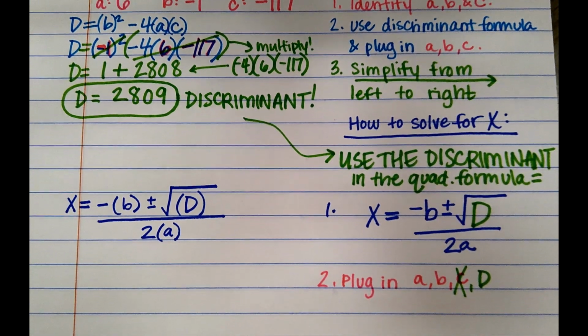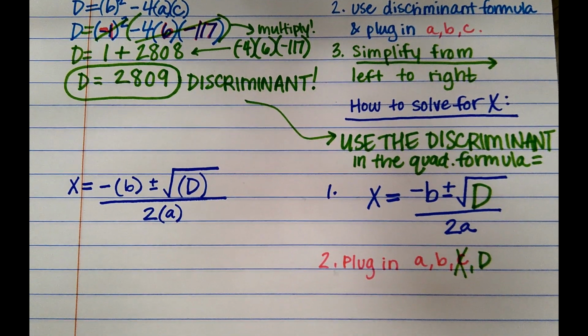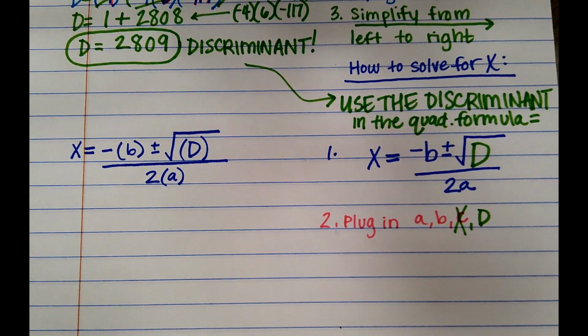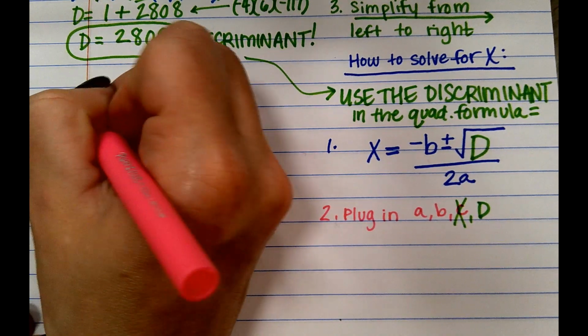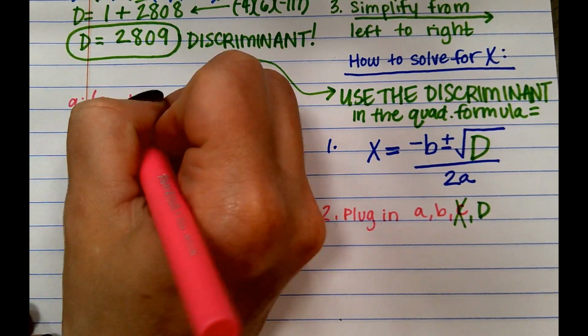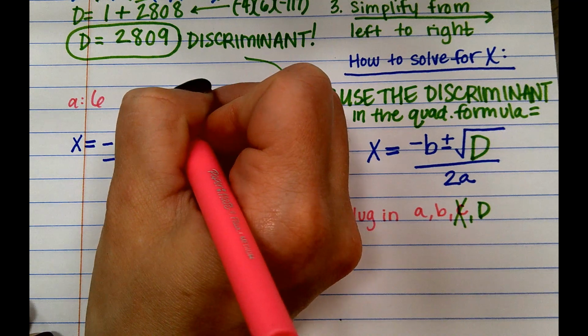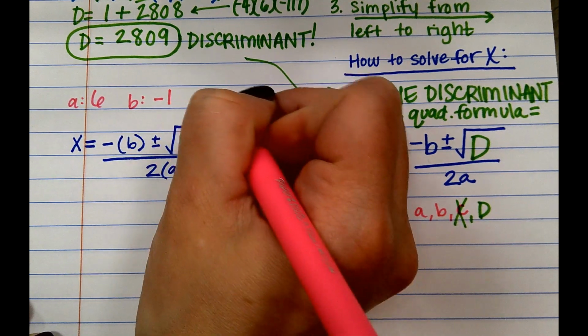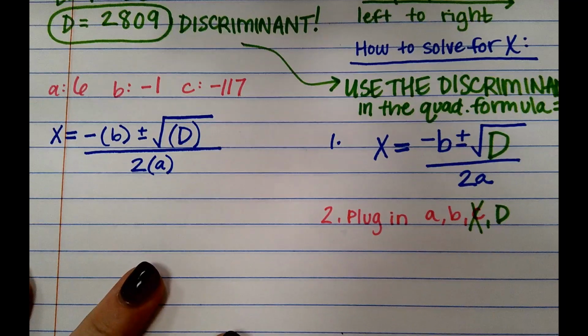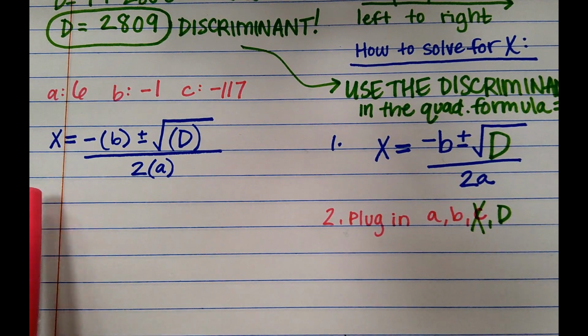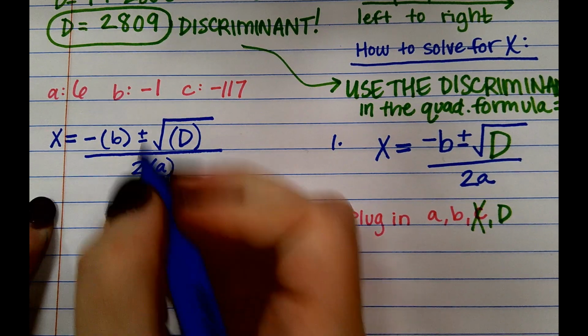Okay. So, I'm just going to rewrite A, B, C, just so I have it. A was 6, B was negative 1, C negative 117. So I've got it all where I need it. So, what goes where? X equals, negative 1.